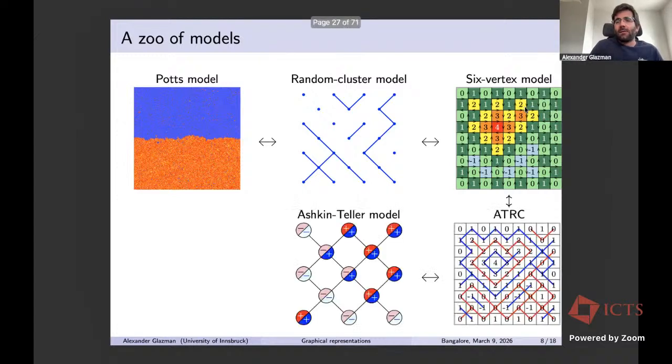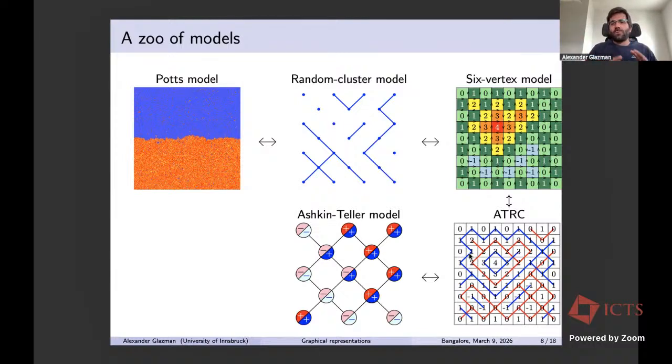And in fact, the latter has some edge representation or some sort of decomposition, which is also linked to the Ashkin-Teller model via the edges, these blue and red ones. At this stage, you can view it as some decomposition, meaning that when you're conditioned on some red circuit, everything inside and outside are independent.